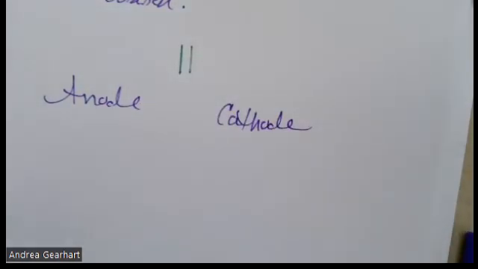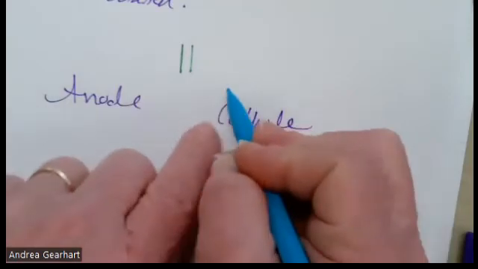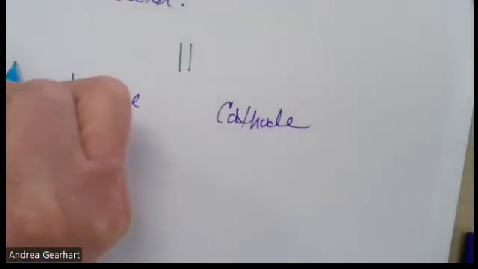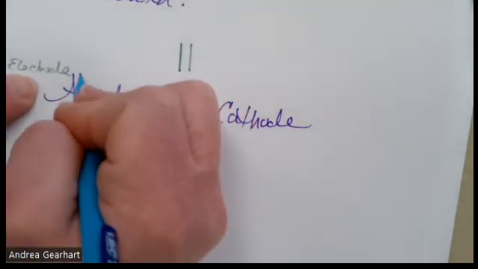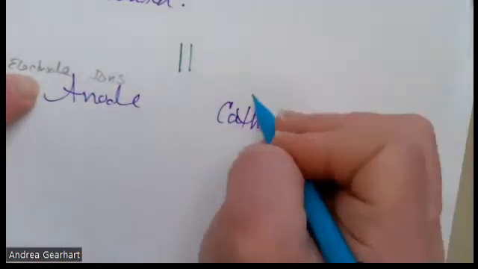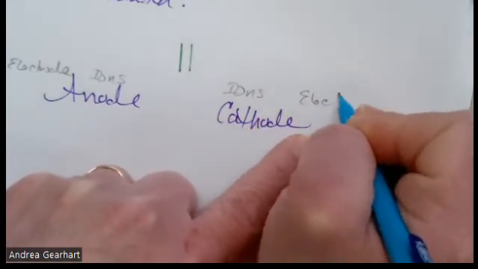Then everything about the anode on the left, everything about the cathode on the right. We start with the electrode in the anode and then the ions, and then the ions of the cathode and then the electrode of the cathode.